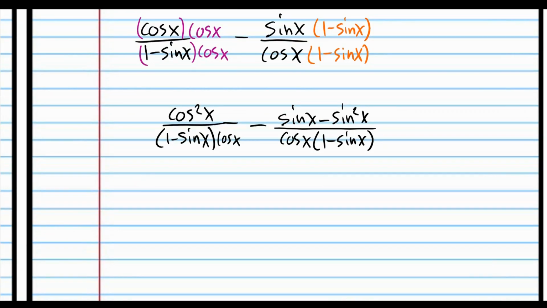Alright, and we have a common denominator, that's why we did that. So this negative applies to this whole numerator here. So this is a positive sine x, so it's going to change to negative sine x because we're subtracting that fraction. This is a negative sine squared, so we're going to get positive sine squared x. The signs change because we're subtracting that fraction.